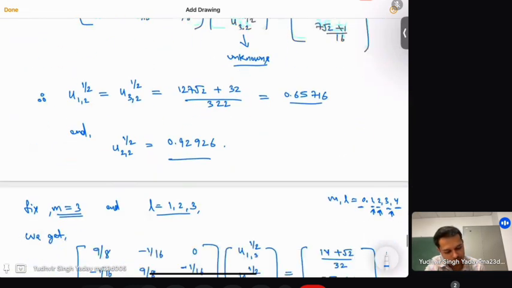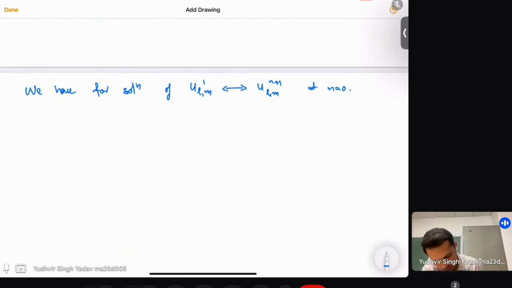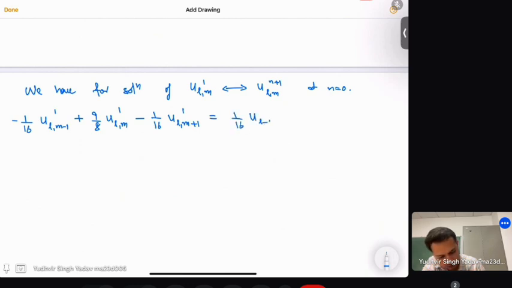So we will put n equals to 0 in equation number 4, and it will reduce to minus 1 by 16 u l minus 1, m 1 plus 9 by 8 u l m 1 minus 1 by 16 u l plus 1, m 1 equals to 1 by 16 u l minus 1, m half plus 7 by 8 u l m half plus 1 by 16 u l plus 1, m half.